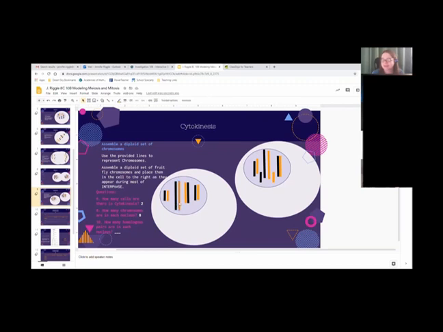So this black and this yellow right here are one pair. This black and yellow are your second pair, third pair, fourth pair. So we have 8 chromosomes, which makes 4 pairs. Diana's got it, perfect. So we have 4 homologous pairs.